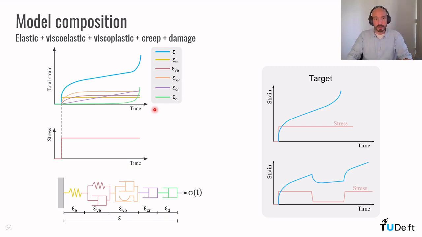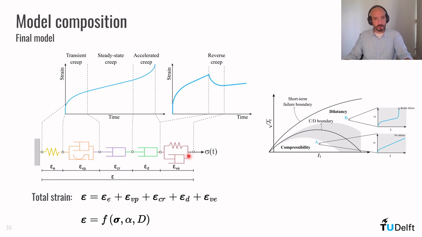So to summarize, our constitutive model to capture transient creep, to capture all the deformation mechanisms that we described before, would look like this. So we have a spring to capture the instantaneous elastic deformation. We have a viscoplastic element to capture transient creep.